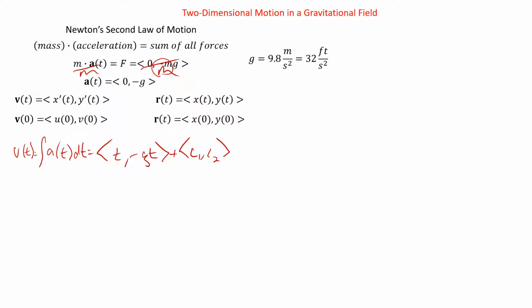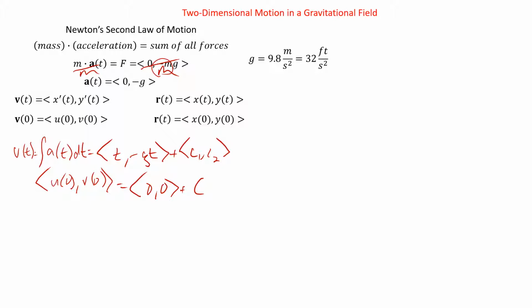And so we can put our initial condition when t equals 0, we should get u of 0, v of 0. Usually those will be numbers. That'll be 0, comma 0 plus c. So c is going to be u of 0, v of 0.